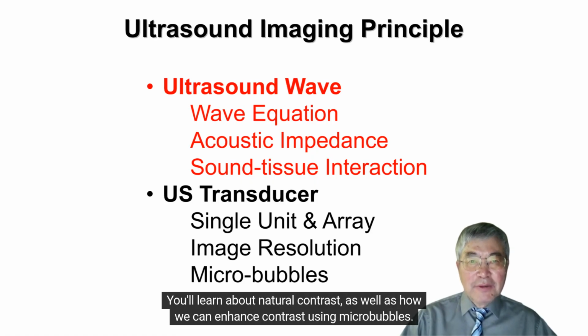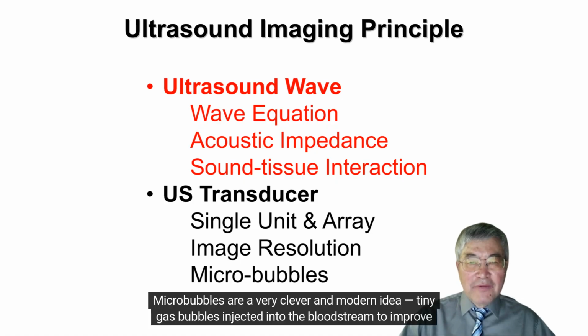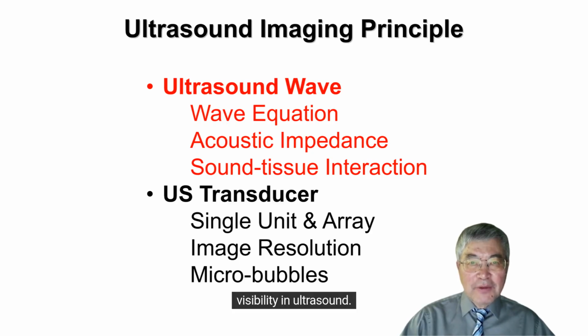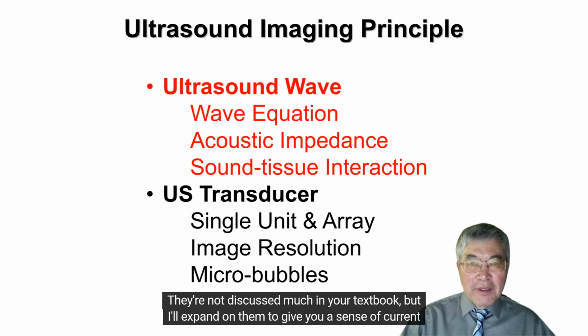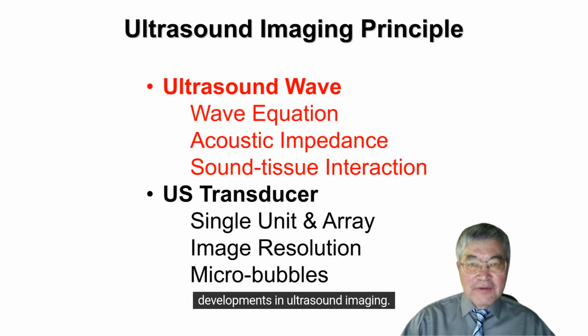You'll learn about natural contrast, as well as how we can enhance contrast using microbubbles. Microbubbles are a very clever and modern idea, tiny gas bubbles injected into the bloodstream to improve visibility in ultrasound. They're not discussed much in your textbook, but I'll expand on them to give you a sense of current developments in ultrasound imaging. So this is our outline for today.